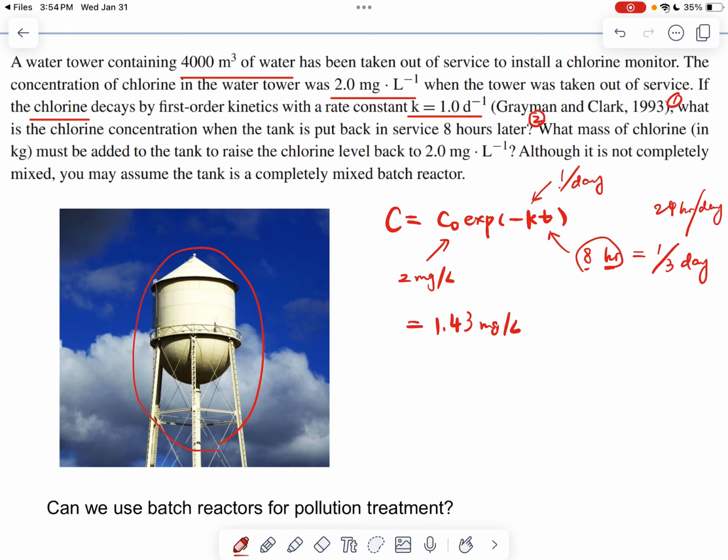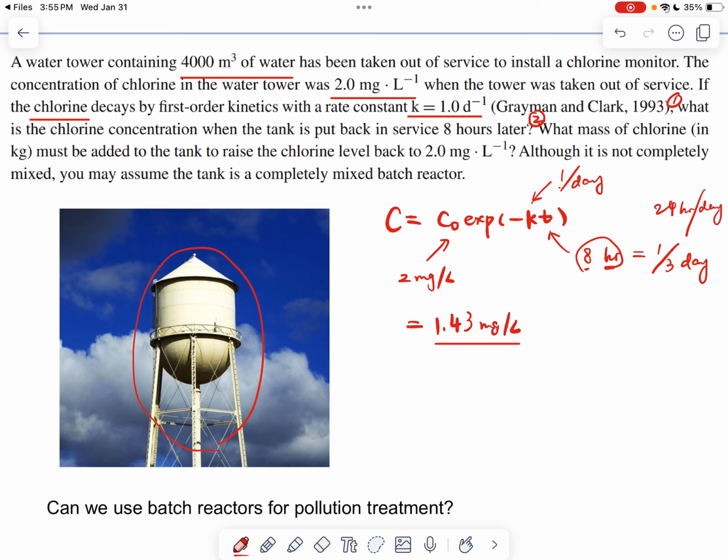So then the second part of the problem is asking what mass of chlorine must be added to the tank to raise the chlorine level back to 2 milligram per liter. Okay, because you are losing this chlorine in the drinking water, right? So the water quality is going to go bad if you don't add additional chlorine back, right? So then how do we calculate that?